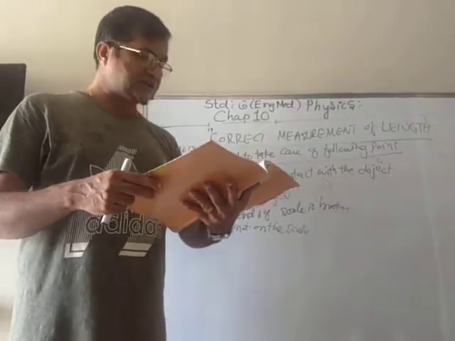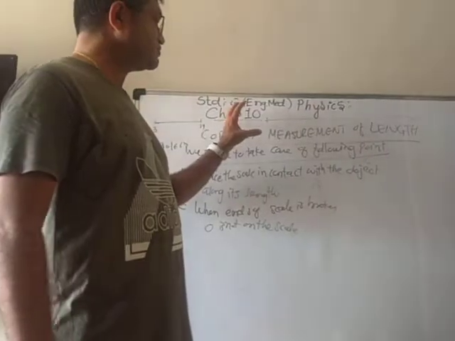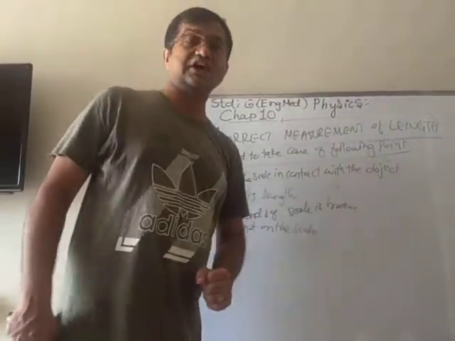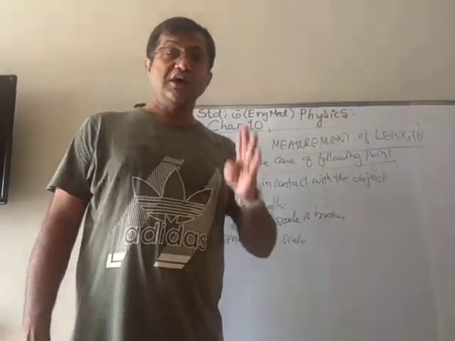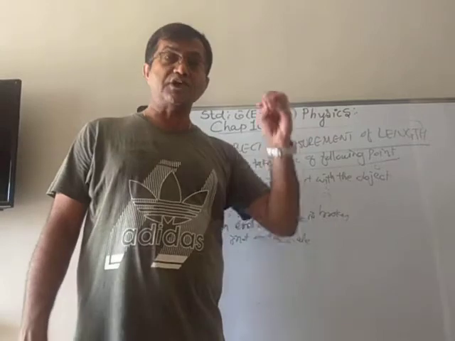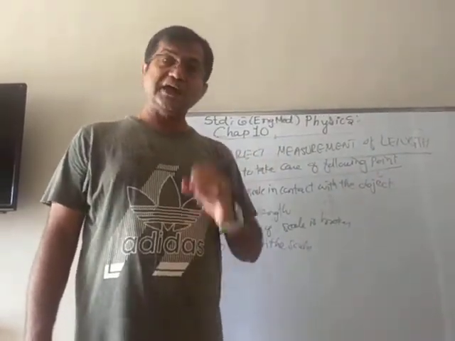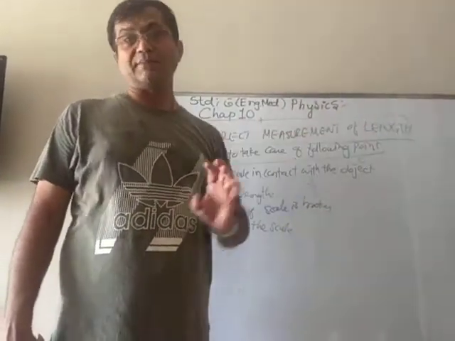That is also a very important thing. So these 2-3 things that I told you. First, place the scale in contact with the object. You can't measure from far away, so you have to be in contact with it. Second, if the part is broken, then what do we have to do? We have to start from the first perfect number which is visible, and then subtract that number from your measurement.